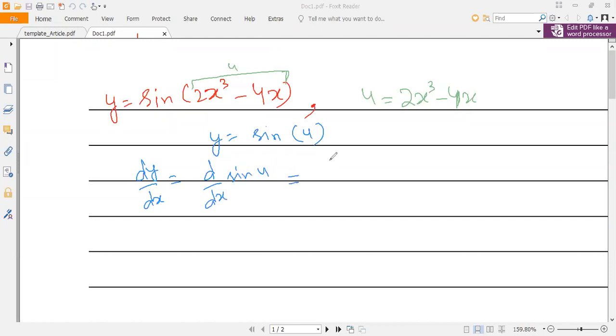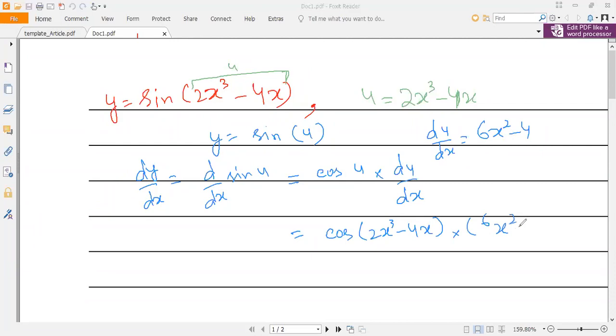We know that the differentiation of sine of u is cos of u, but now we have to differentiate u as well. Here du by dx is equal to 6x square minus 4. So multiplying by du by dx, it will be cos of, resubstituting the value of u, 2x cube minus 4x, multiplied by 6x square minus 4. That is how you calculate dy over dx.